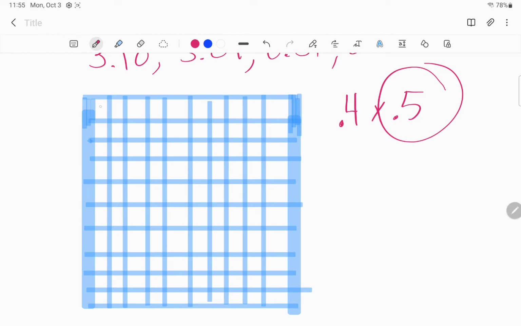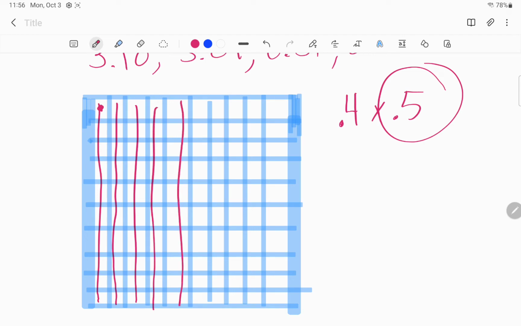Please remember that this is 1/100th. It takes 100 of these to fill out the whole big box, right? So if I take 1 of these, that's a 10th. 2 of these, that's a 10th. 3 of these, 4 of these, 5 of those, okay? So that is 5 tenths.